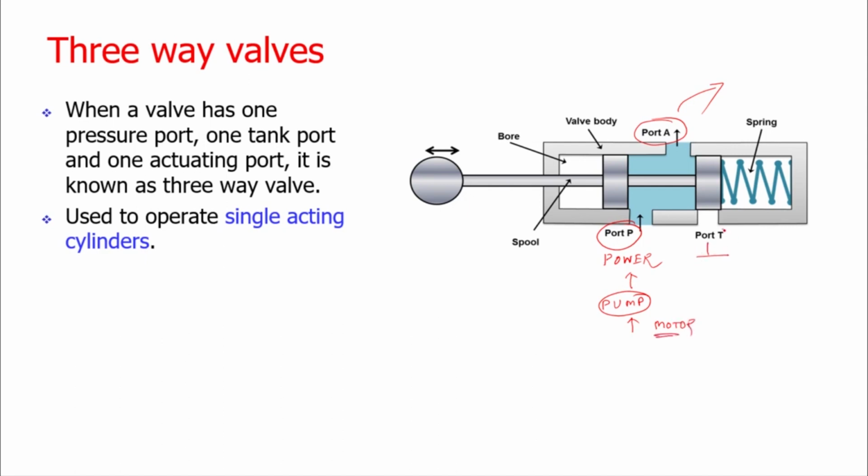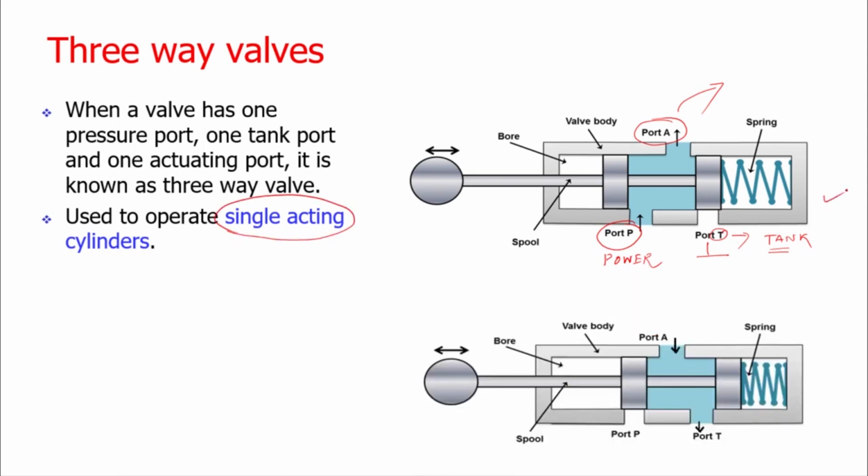Port T is the tank port. During the unloading application, we need to get the used fluid passed to the tank, which can further be utilized for the pressurization application. So generally the three-way valves are used to actuate or to operate the single acting cylinders.